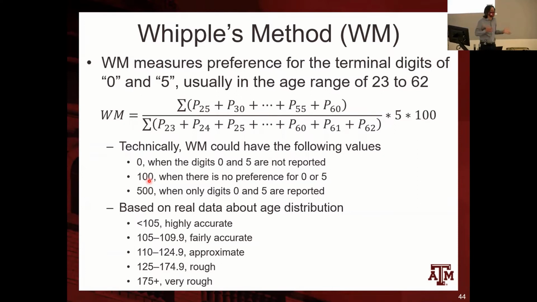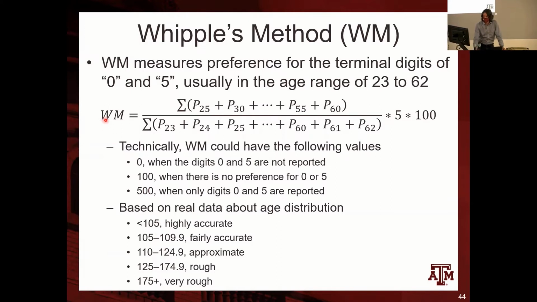But in practice, that doesn't happen. In practice, we don't get numbers as high as 500. So looking at real, empirical data for several countries in several years, demographers came up with Whipple's method, which subdivides the real results into levels of data accuracy.